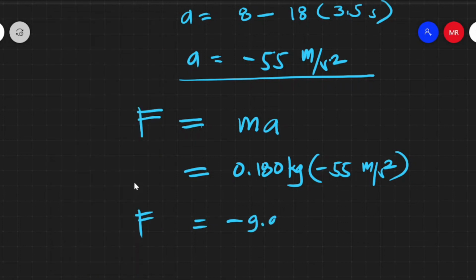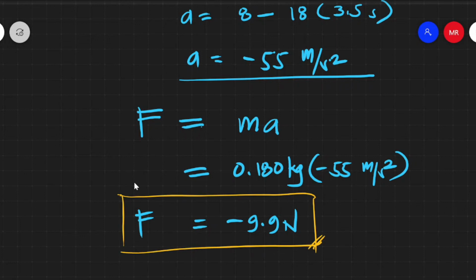By magnitude, it is 9.9 Newton. The negative sign just denotes the direction of this force, which is also negative, the same with the acceleration. The answer is negative 9.9 newtons.